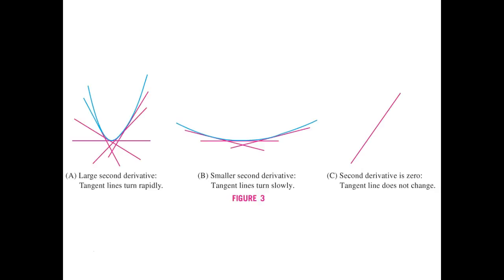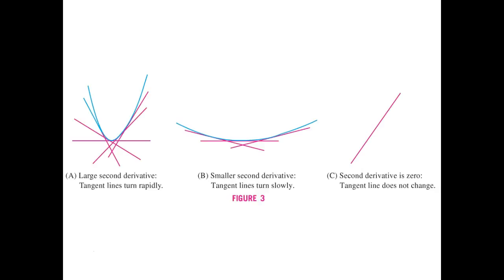Now, why they made this end of this tangent line blue and that line red, I do not know. I think it's just an error, but they got it in the book that way too. Is it in your book that way too? I don't know why.